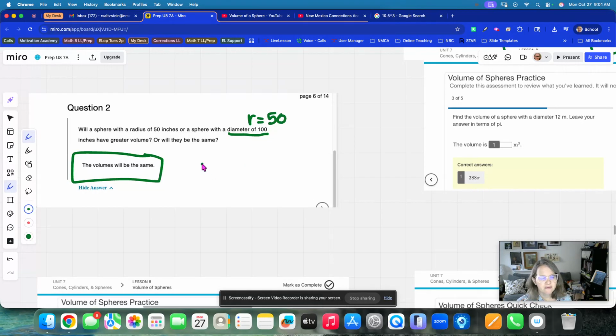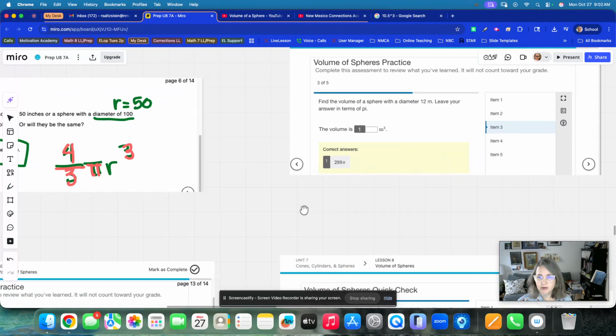And in the formula, 4/3 pi r cubed, all of this stuff is going to stay the same every time you do this for any sphere. The only thing that's going to change here is the radius. So same radius, same volume. I wanted to just explain that a little bit because that's important. Same radius, same volume.